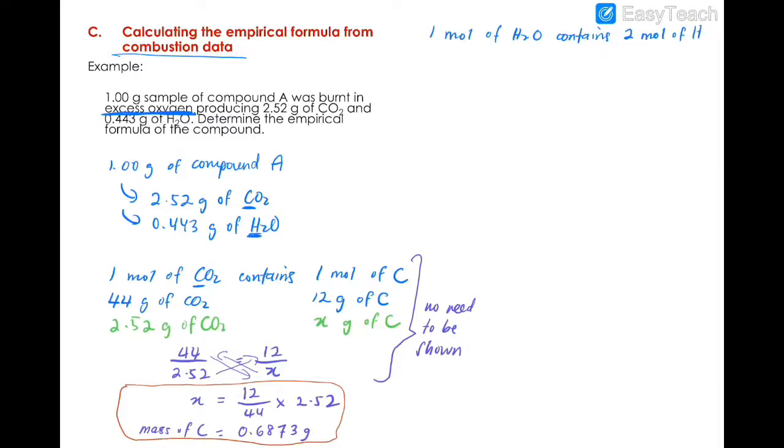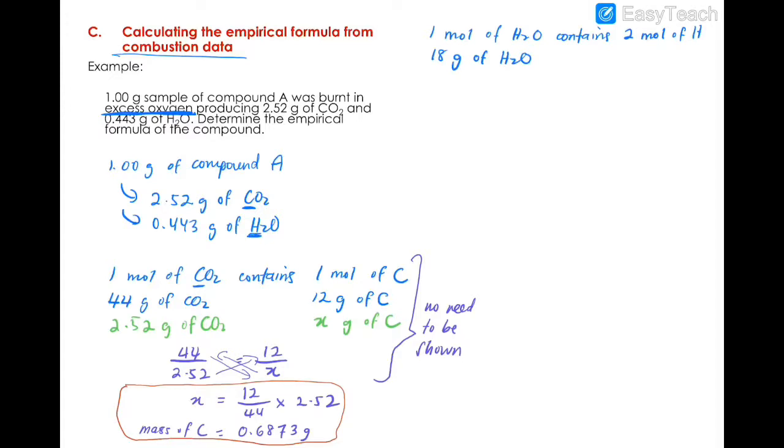Okay, so kalau 1 mole of water, 1 mole of water ni dia adalah sebanyak 18 gram. Okay, 18 gram. Macam mana dapat 18? Hydrogen ada 2, oksigen ada 1. So 1 tambah 1 tambah 16, kamu dapat 18. So 18 gram H2O.